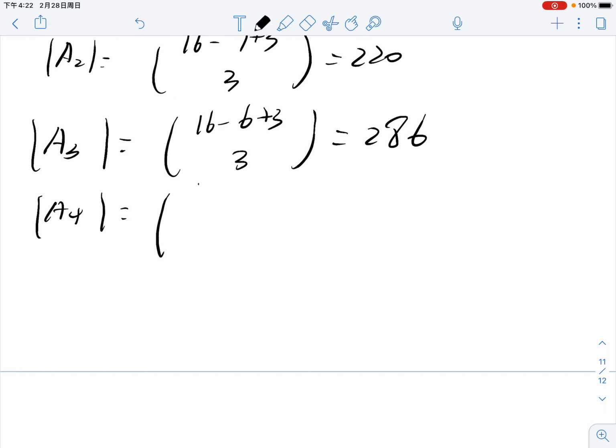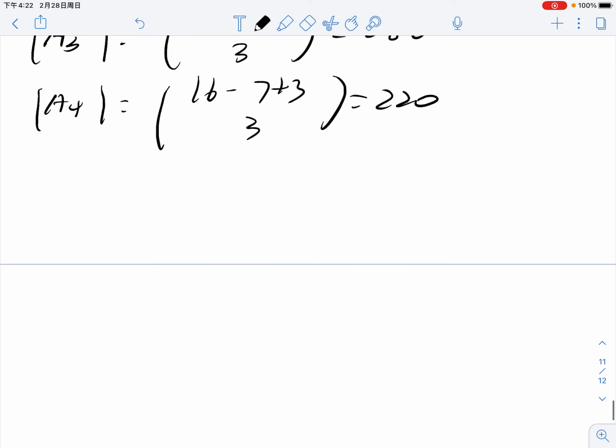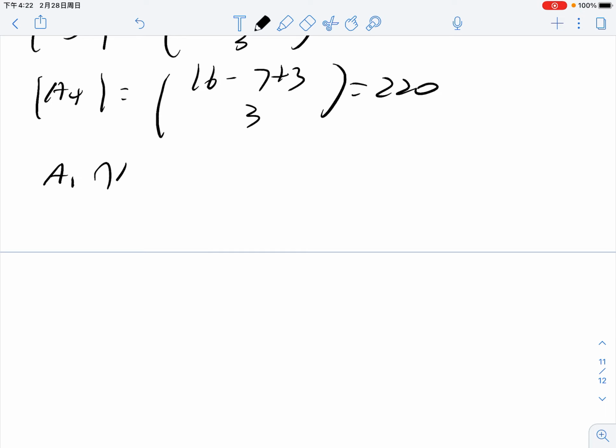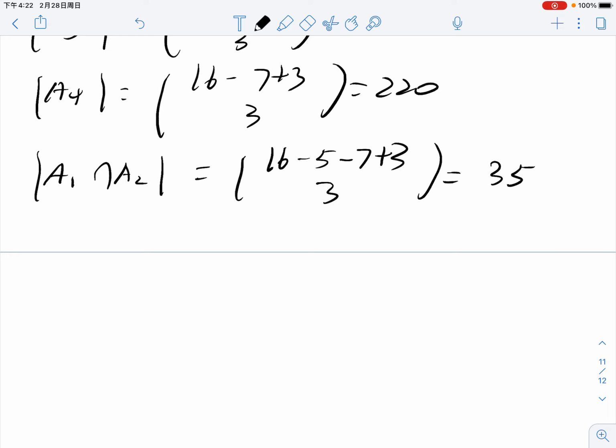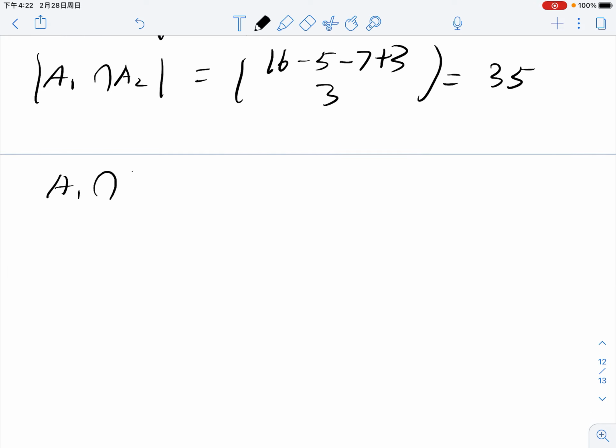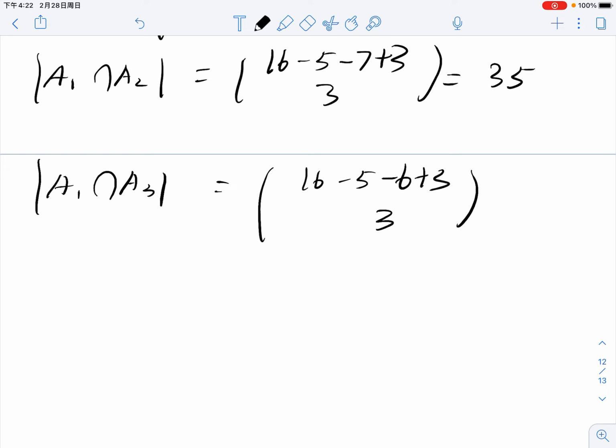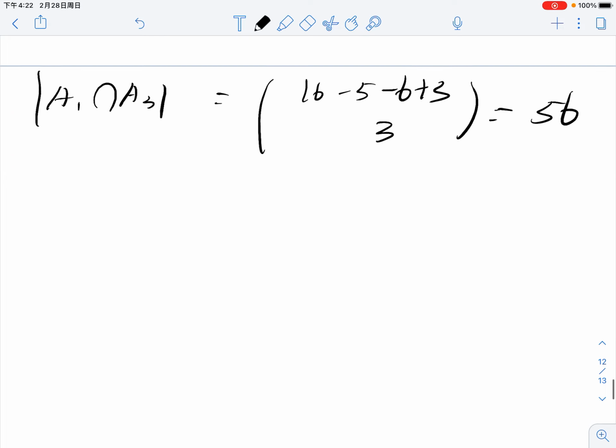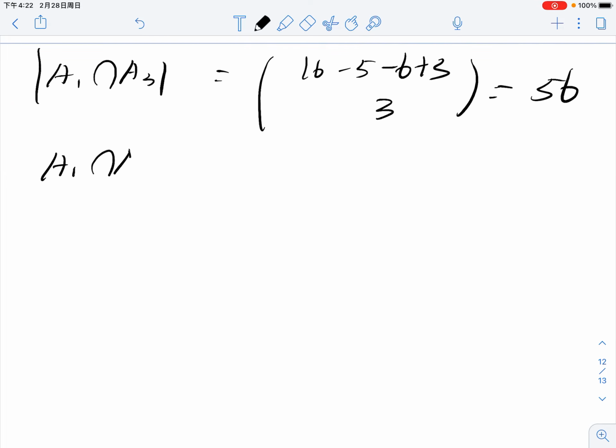A4 is 16 minus 7 plus 3, choose 3 is 220. A1 intersection A2 is 16 minus 5 minus 7 plus 3, choose 3, 35. A1 intersection A3 is 16 minus 5 minus 6 plus 3, 56. A1 intersection A4.